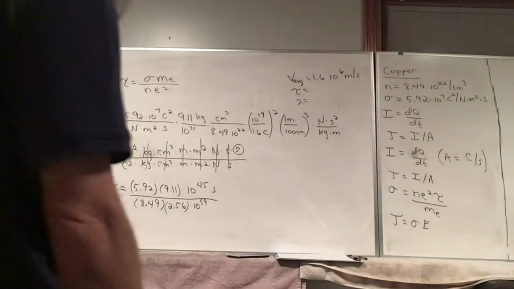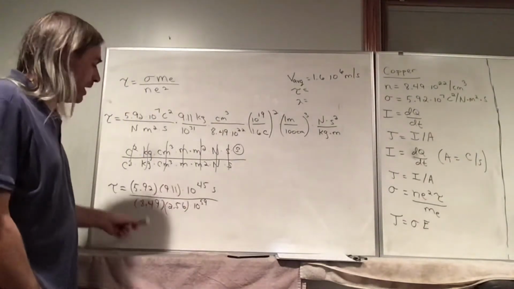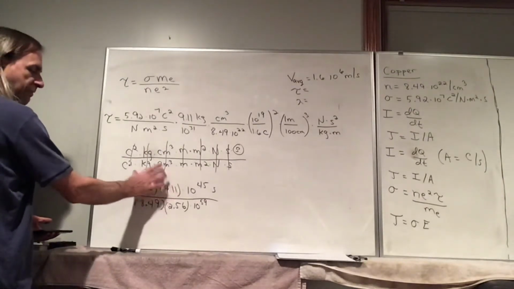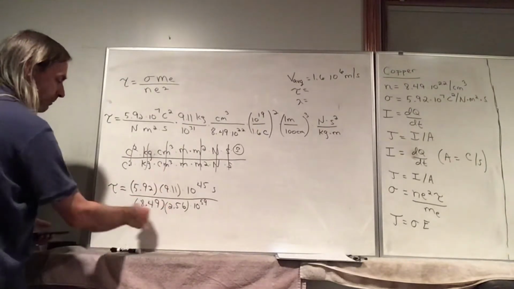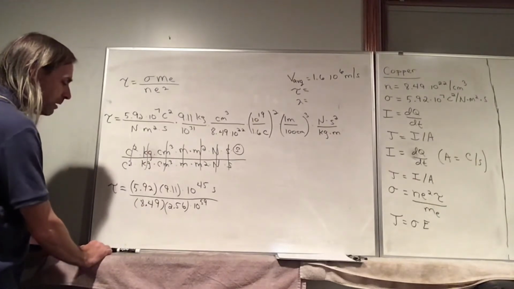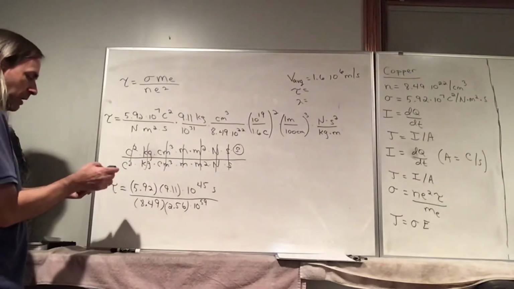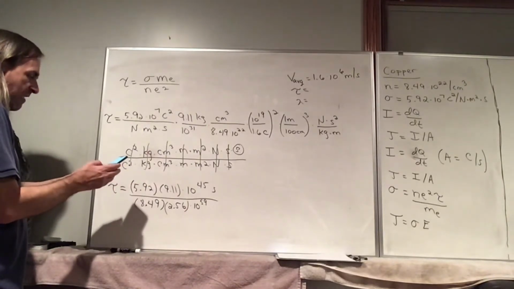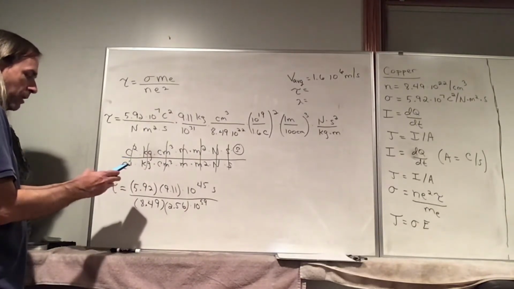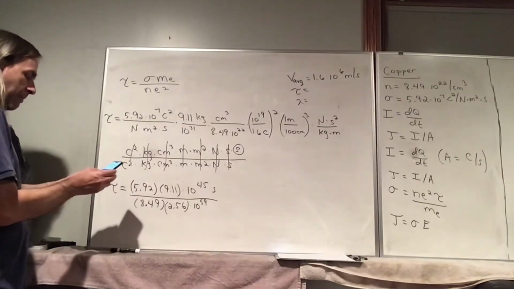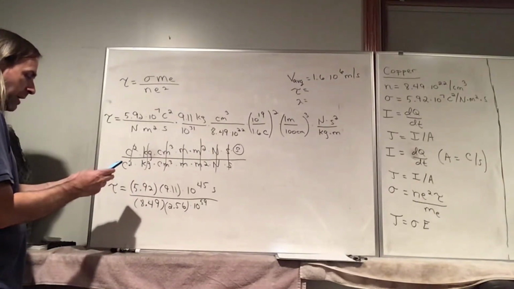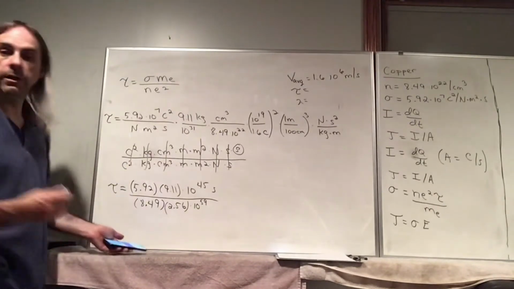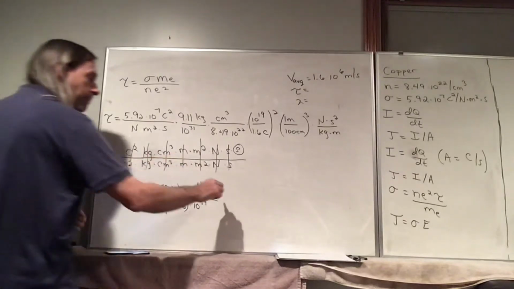Okay. So it looks like it's in scientific notation here. This is going to be around 55 or something divided by about 20. So we should get scientific notation. So I'm going to do 5.92 times 9.11, and then divide by 8.49 times 2.56, being careful to do the order of operations right.